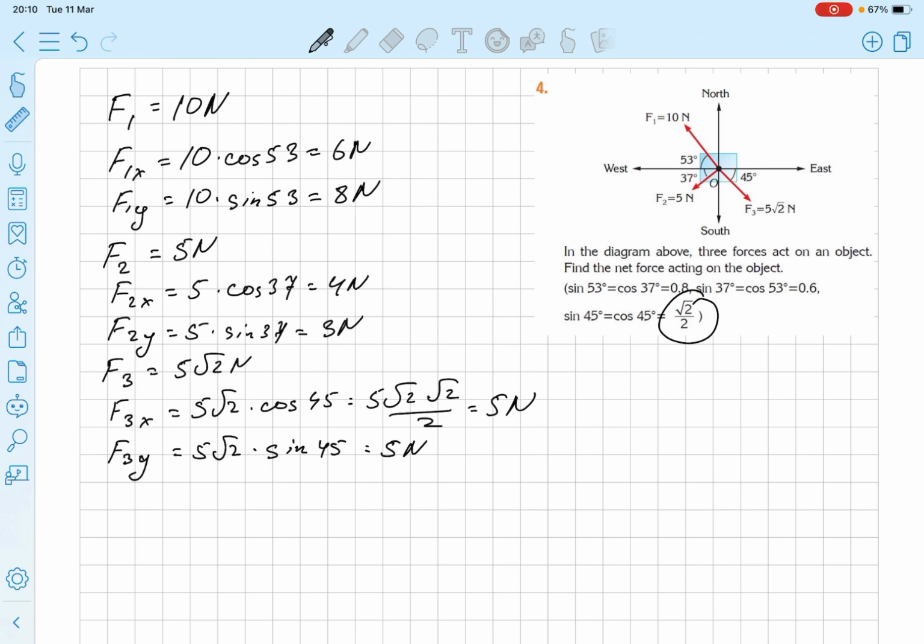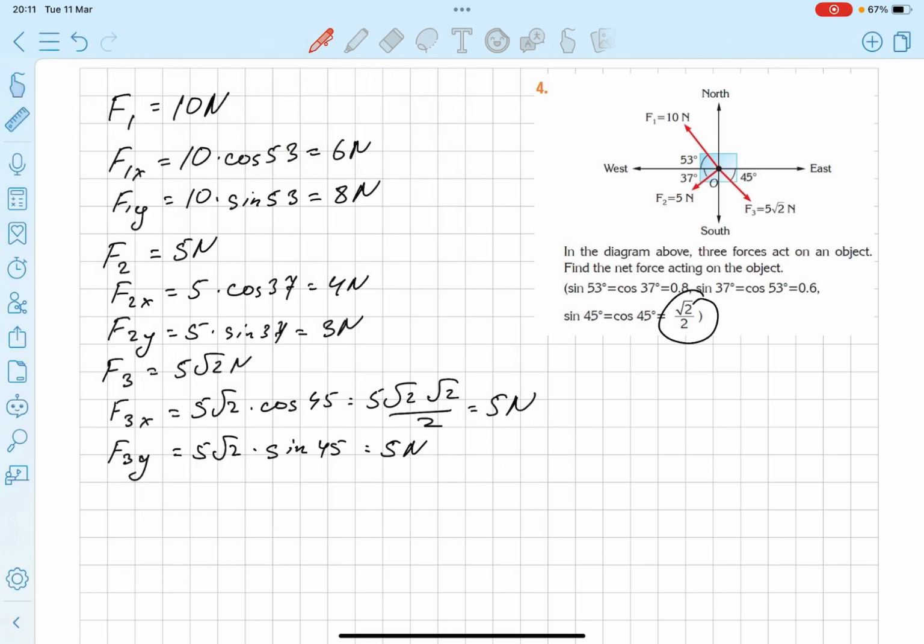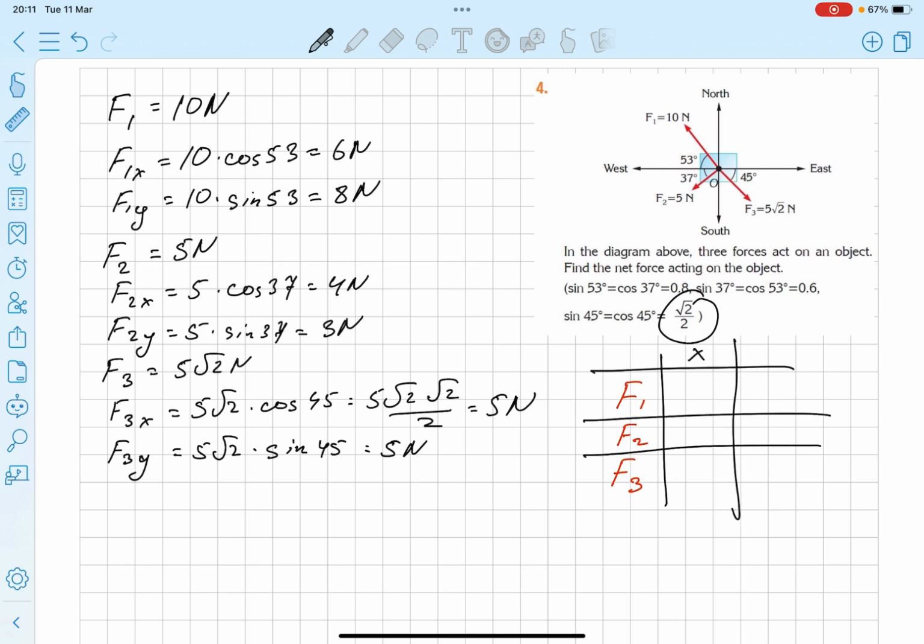So we defined all the values, but as you see, force is a vector quantity, so we have to take into account their directions. Now we have to make the table of the vectors. Look, we have F1, F2, and F3. This row is X, and this row is Y component.